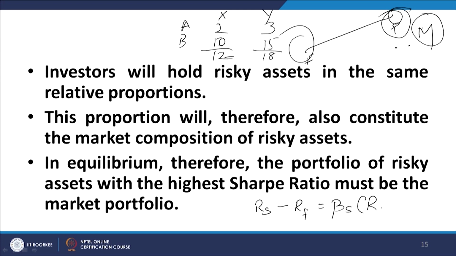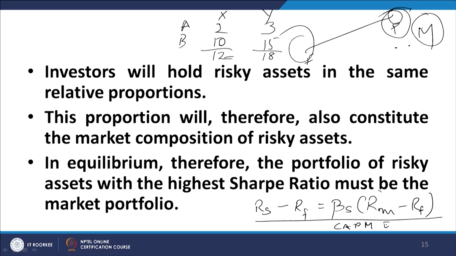Now, here please note, I am not using RP, I am using RM. Why? Because we have now shown that RP is nothing but the market portfolio. So, this is nothing but the CAPM equation.